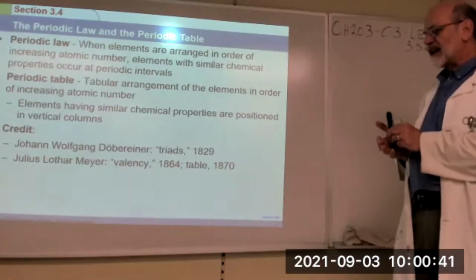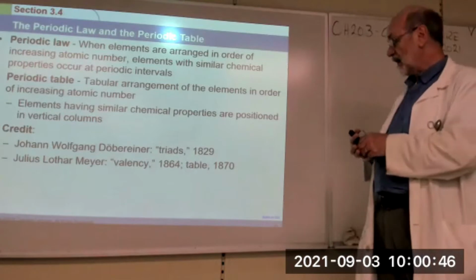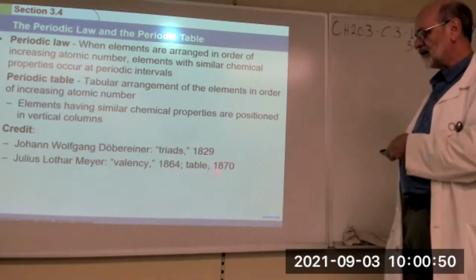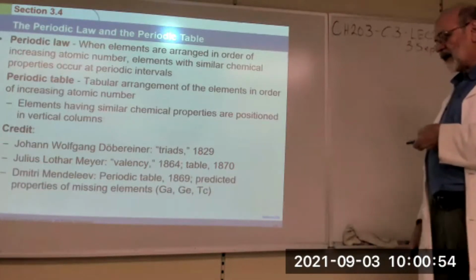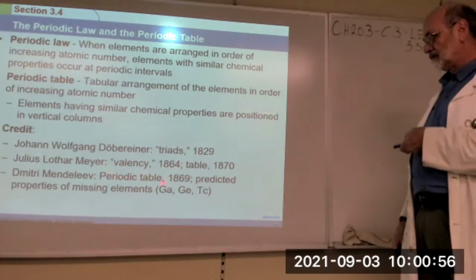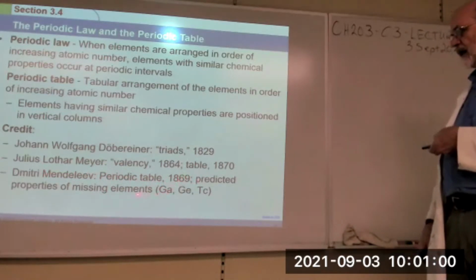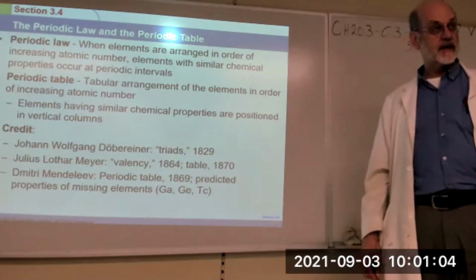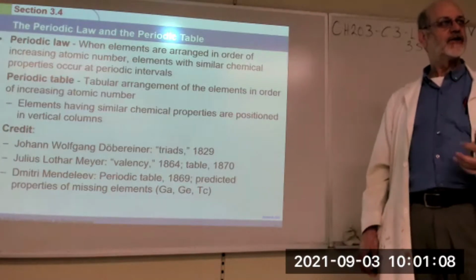But he assigned valency to various elements and organized them into a table about 1870. And about the same time, Mendeleev did a similar thing, only he used his to predict the existence of, like I said, undiscovered elements.